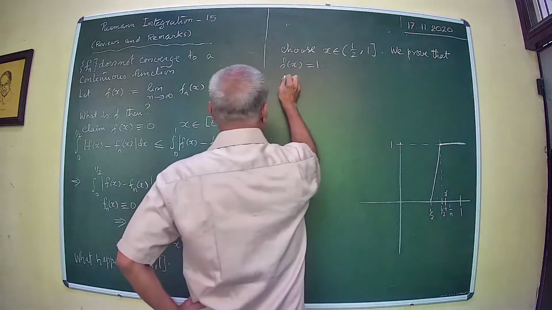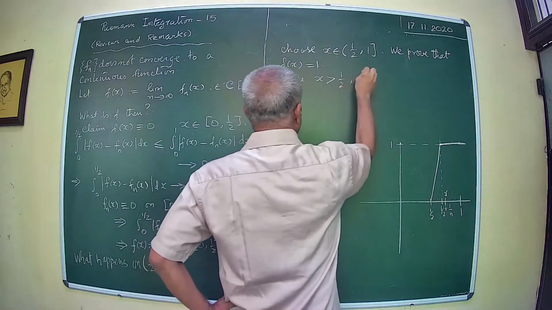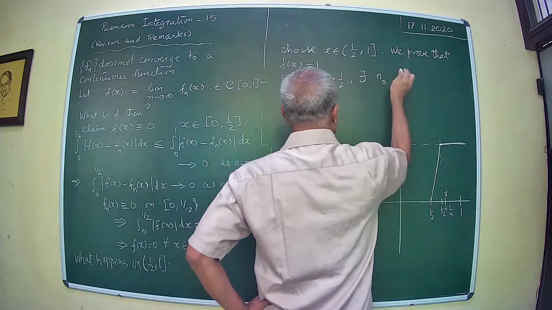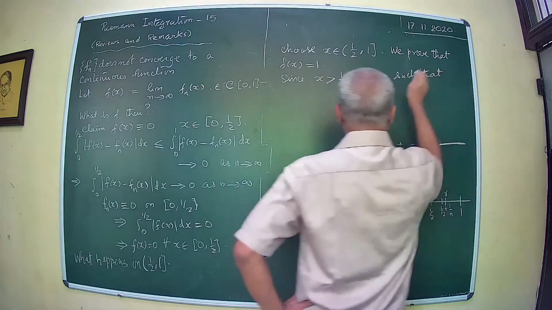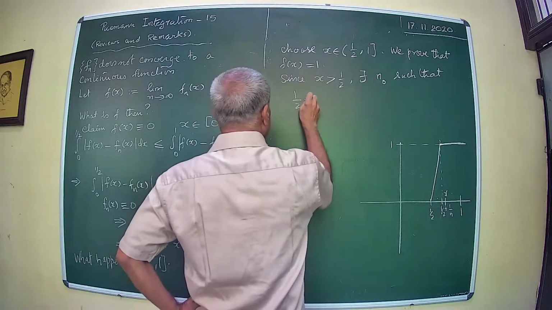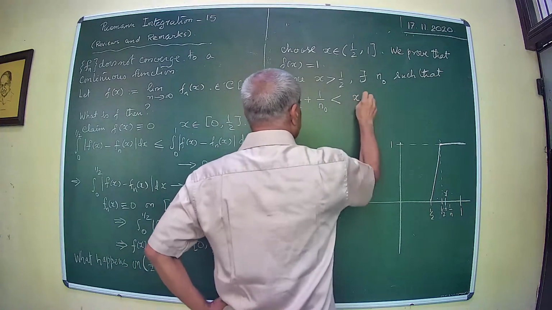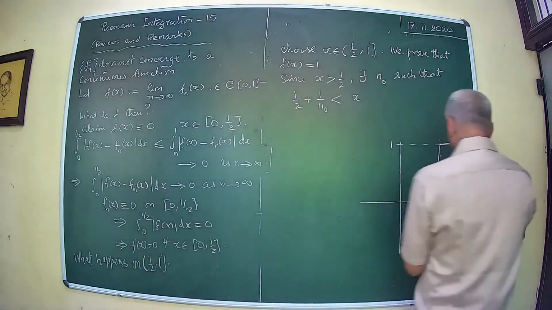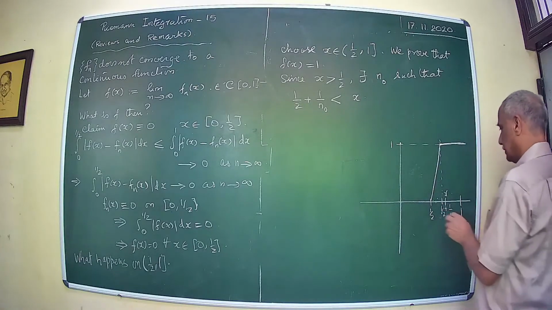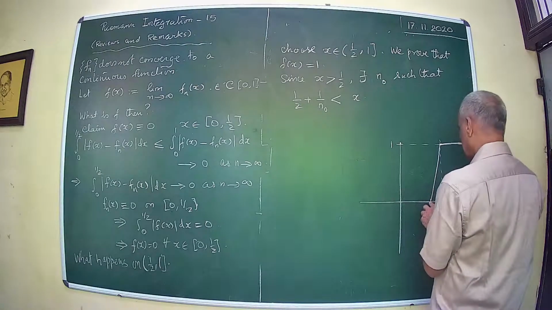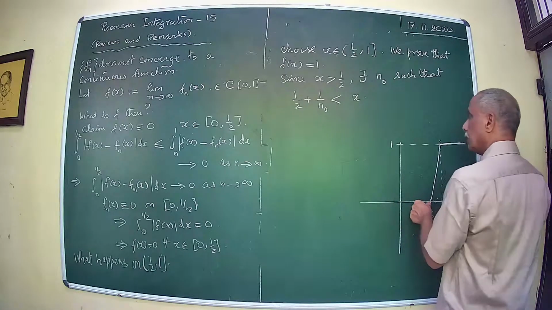Since x is greater than half, there exists an n naught such that half plus 1 by n naught is less than x. This is possible. So you choose an x here, then you can always find an n naught such that this point is somewhere here. Okay, so for any x which is greater than half, you can always find this.